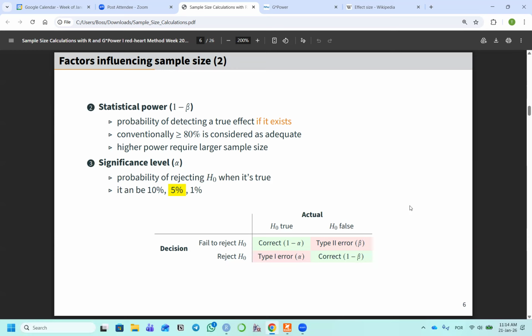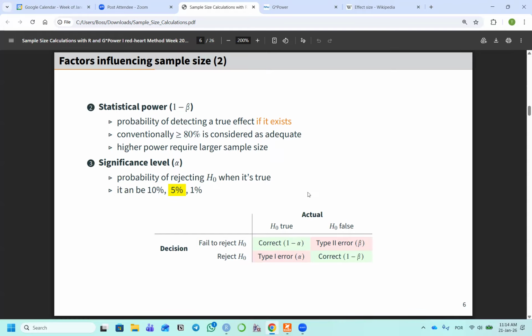So to summarize what I'm saying, if your decision is failing to reject H naught while H naught is true, you are not committing a mistake. We are making a correct decision. We call it the confidence level. And again, if your decision is rejecting H naught while it is true, you are by default committing a mistake, which is a type 1 error. We should set it in advance as 5%, let it be.